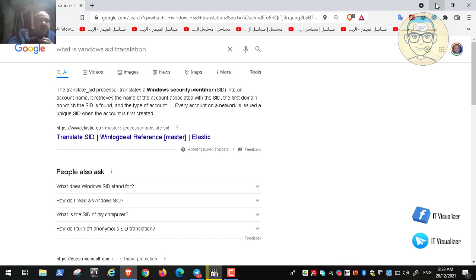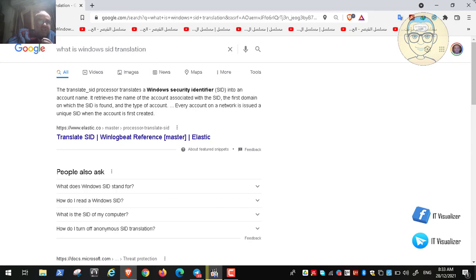What we are doing here is something similar. Who is responsible for translating this unique SID for a user or a group or a computer to its real name? This should only be done by the administrators, the domain admins, or the local administrator of the machine. This is what we call translation of the SID.